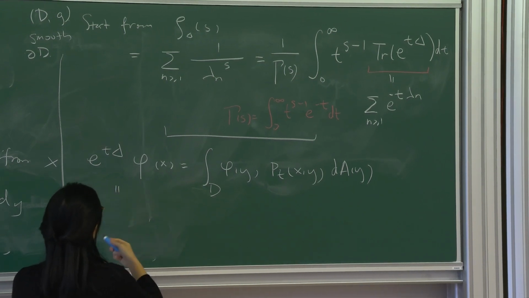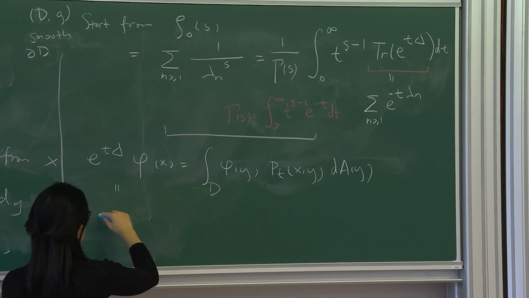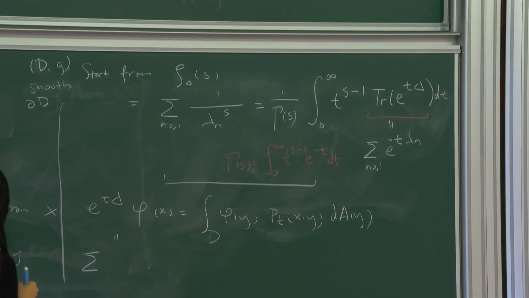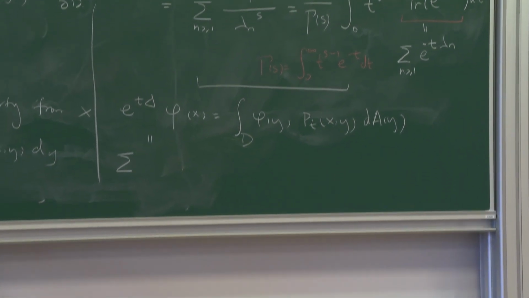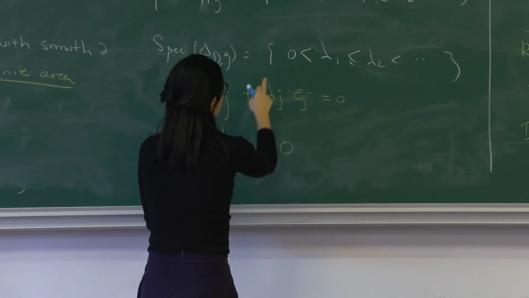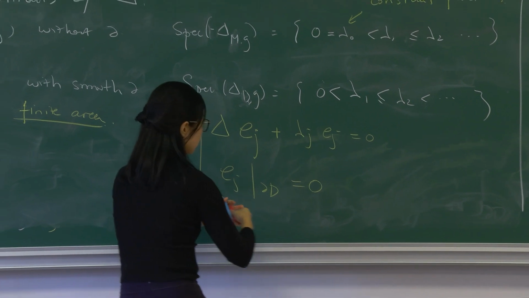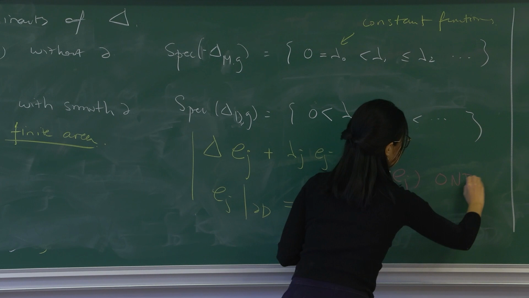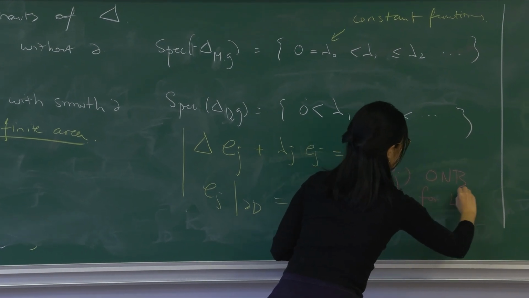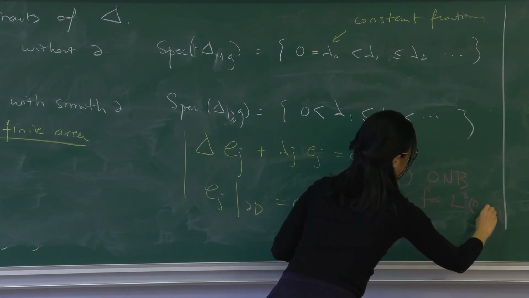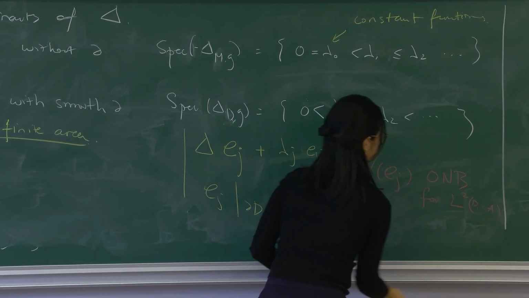But on the other hand, this side I can also write as follows. Remember, I have this family of eigenfunctions, and for this spectrum I can choose this family of eigenfunctions to be an orthonormal basis for L2 of the area measure.